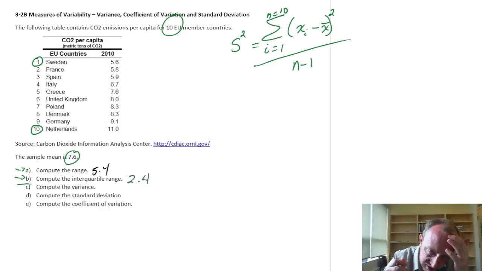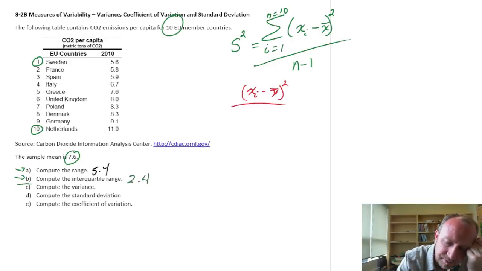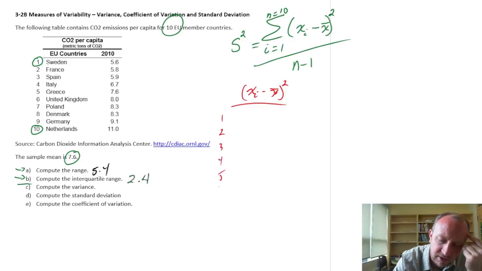Okay, so the first thing that I'm going to do, let me just, where's my cursor here? Let's calculate all of these squared differences first. So I'm going to put in just as a header, these differences, and we're going to square them. So I'm going to go through from 1 down to 10: 1, 2, 3, 4, 5, 6, 7, 8, 9, 10.